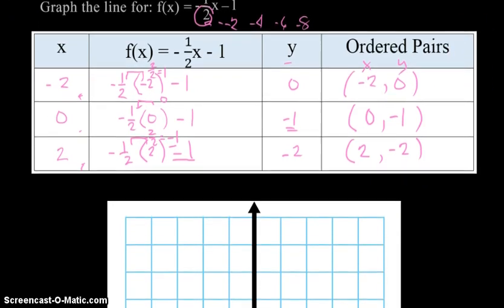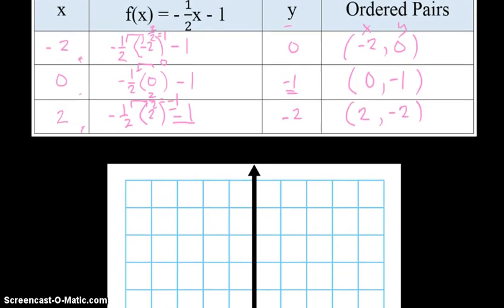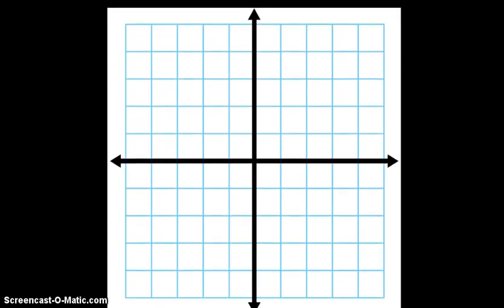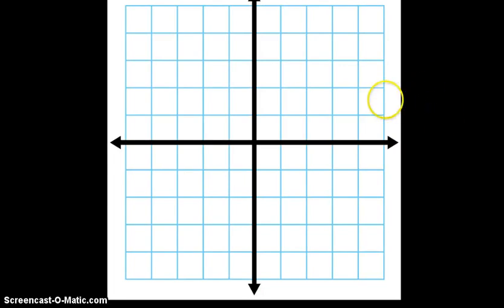So, i-plot na natin yung ordered pairs natin. Unahin natin si negative 2 at 0. So, this is our x-axis and y. So, positive 1, 2, 3, 4, 5. So, dito sa kabila is negative 1, negative 2, negative 3, negative 4, negative 5.